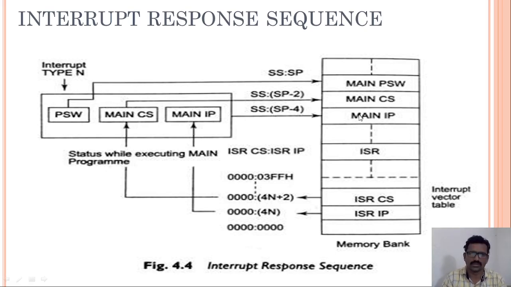This is the order. And then what is going to happen? Then it fetches the address of the interrupt service routine, ISR, from the interrupt vector table. Then it is loaded into CS and IP, the ISR CS and ISR IP. Then it starts executing the ISR, the interrupt service routine. At the end of ISR, we have an IRET instruction.